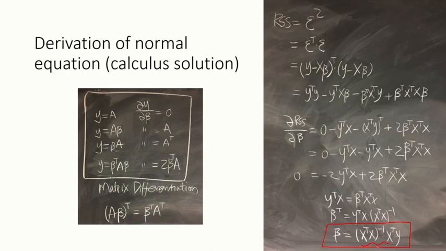So you compute x transposed multiplied by x itself. This becomes a square matrix. Then you take an inverse of that product, then times x transpose, then times y. That gives you the beta.